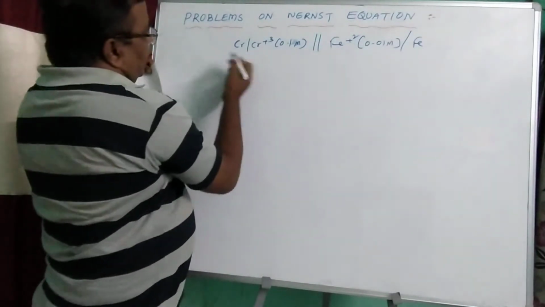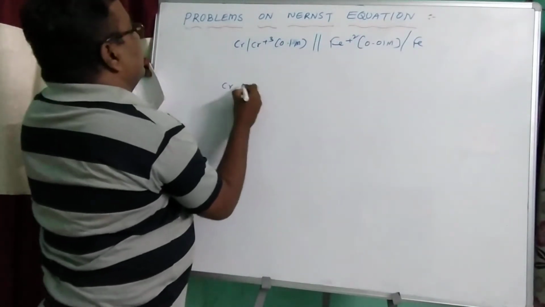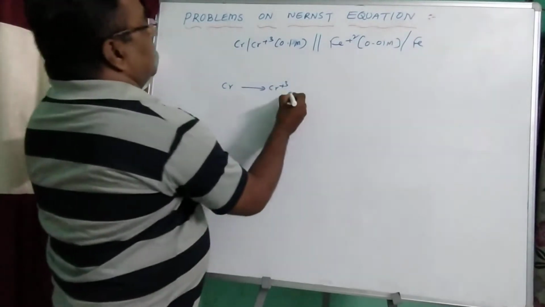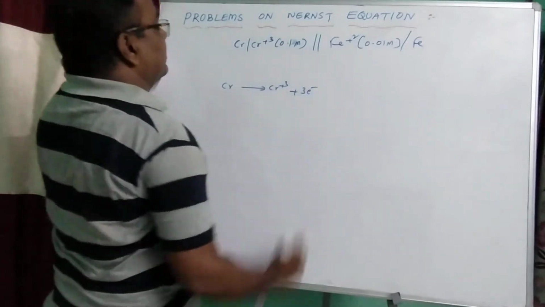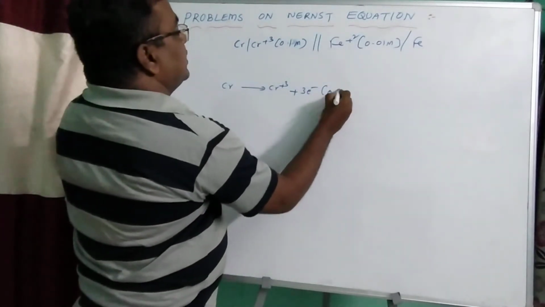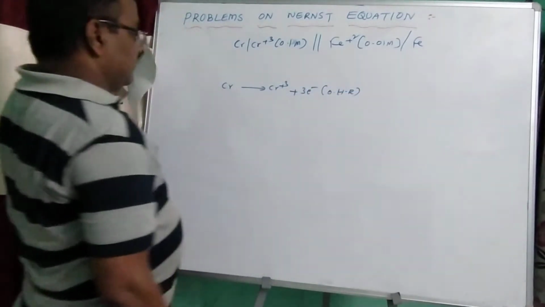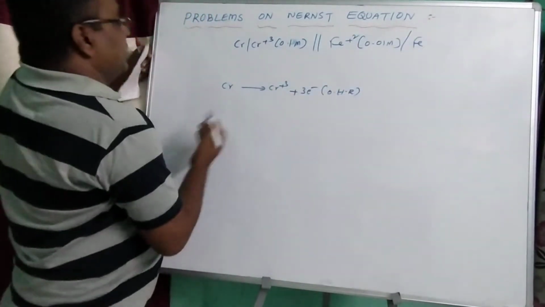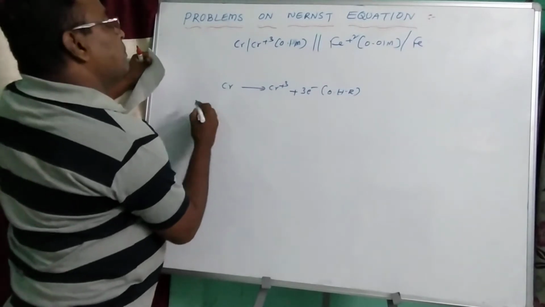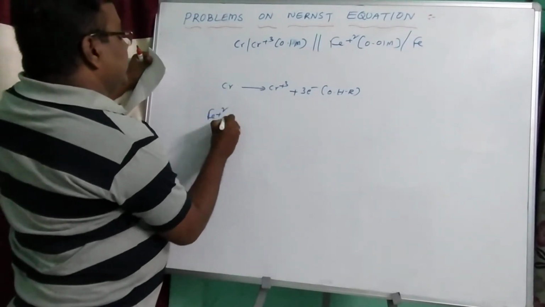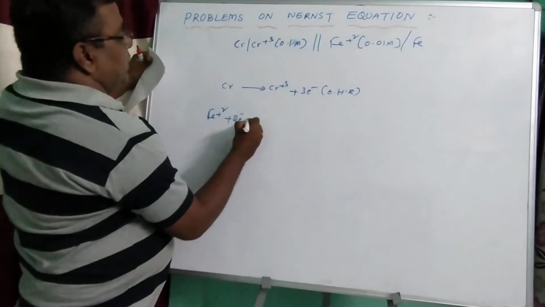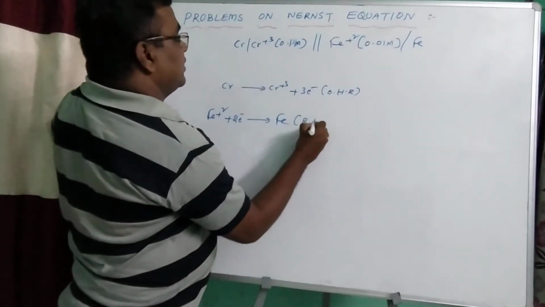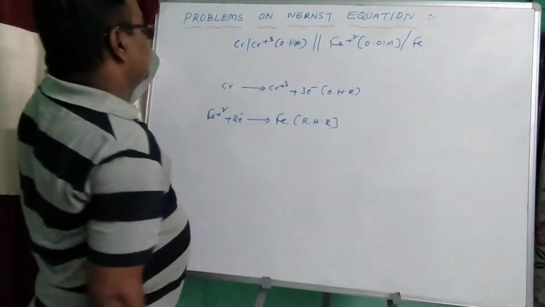First we write oxidation: Cr gives Cr plus 3 plus 3 electrons. This is the oxidation reaction. Now Fe plus 2 converts to Fe: Fe plus 2 is reduced by 2 electrons and converts to iron. This is the reduction reaction.